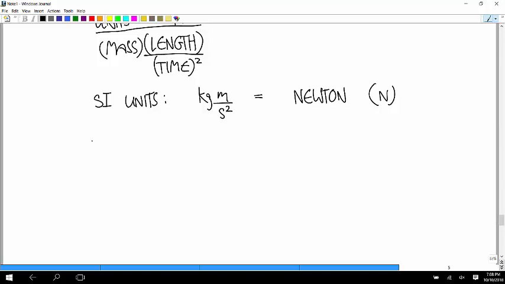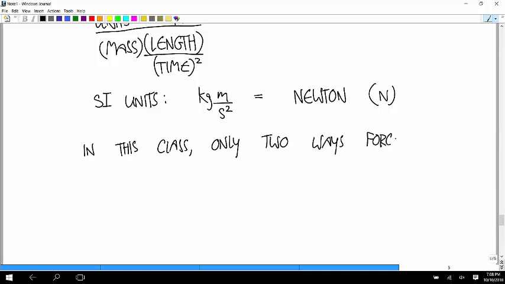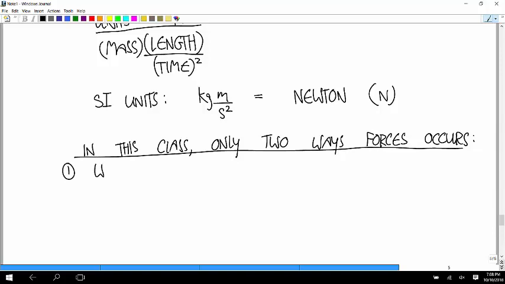And this is the last thing I'm going to say, and then we'll do the quiz. In this class, there are only 2 ways a force can arise. The first one is the weight.